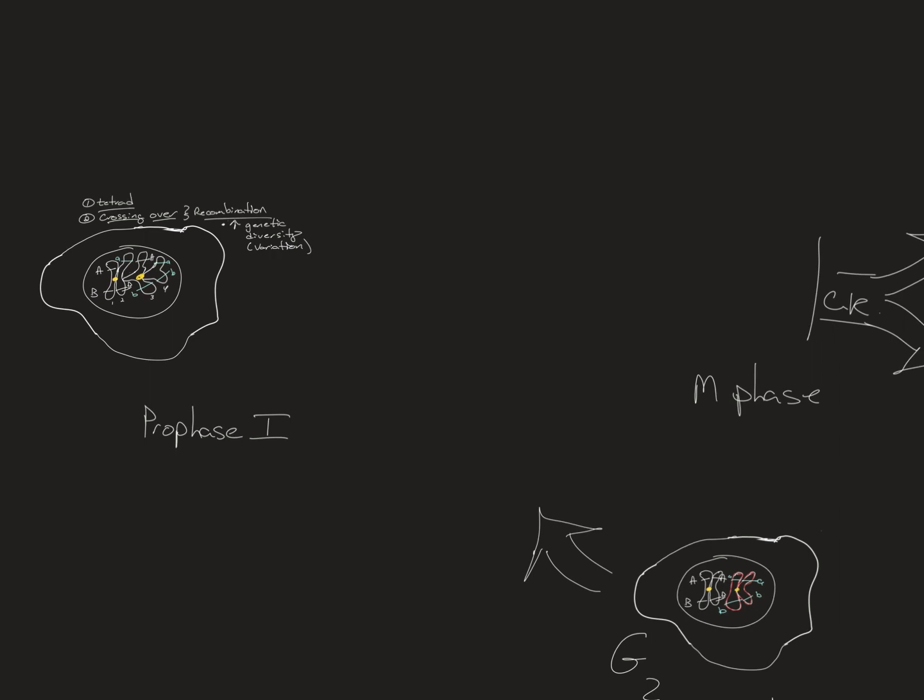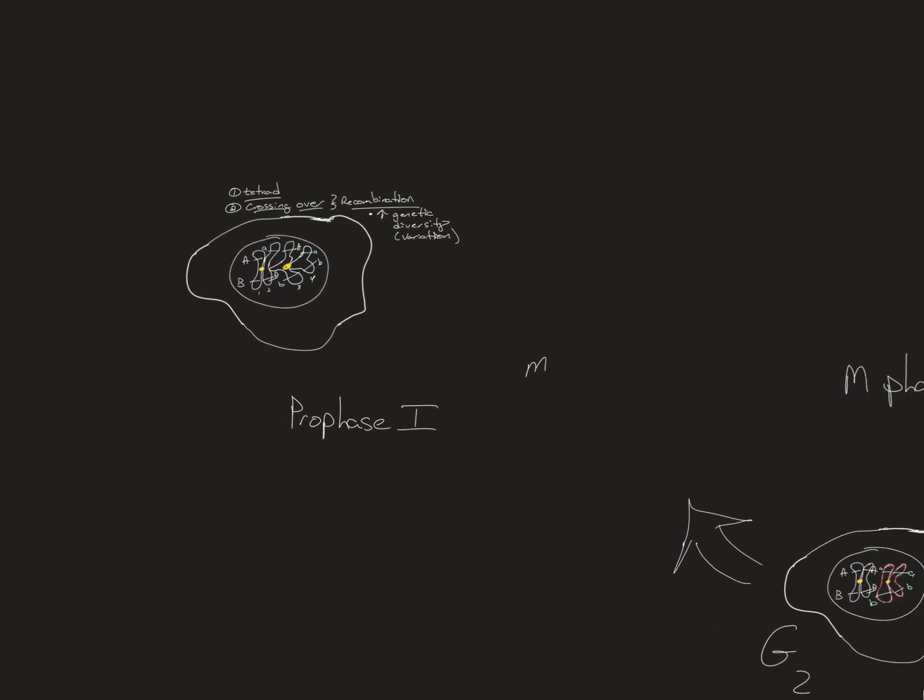Now, the other interesting thing is that in metaphase, because that's the next step. Now, by the way, in prophase 1, don't forget that the nucleus dissolves, the nuclear envelope dissolves, so now you can move them, now you can separate them.